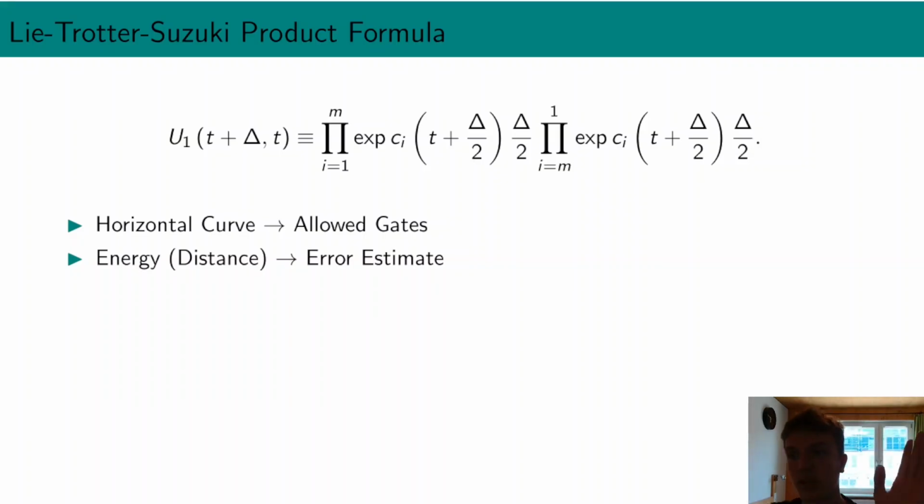So if we have a Hamiltonian that has only x and z components, then the exponentials we have here are also just x rotations and z rotations. The individual angles squared will sum up to the energy because of numerical integration. That is basically numerical integration, and so we also have an error estimate.